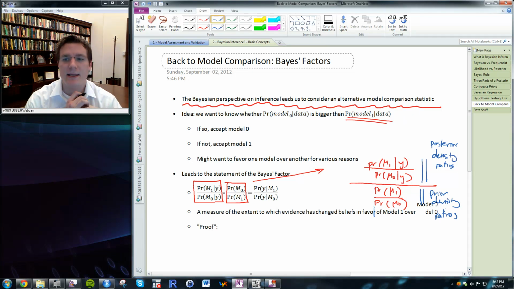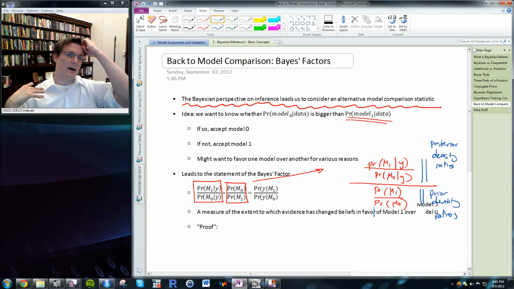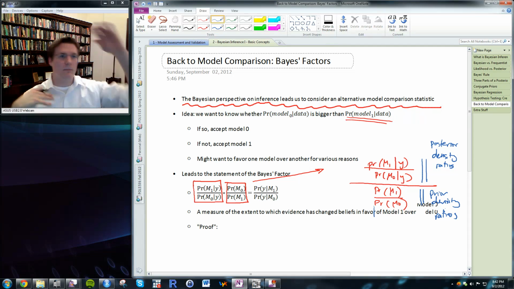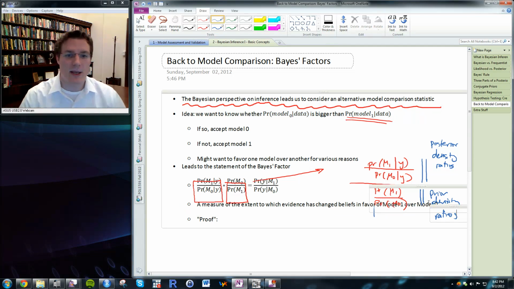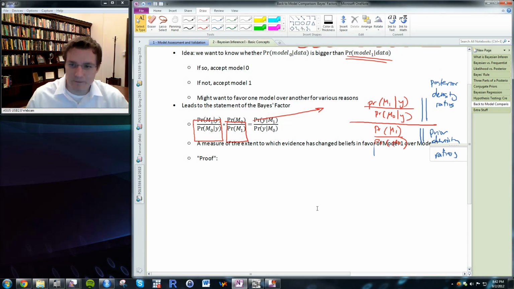And the idea is: after having looked at evidence, did the ratio between these two models get more favorable toward Model 1 or less favorable toward Model 1? So in other words, I had some sort of idea about how likely Model 1 and Model 0 were before I got started. Is it the case that the data led me more toward that conclusion or less toward that conclusion? That's what the Bayes factor is sort of telling me.